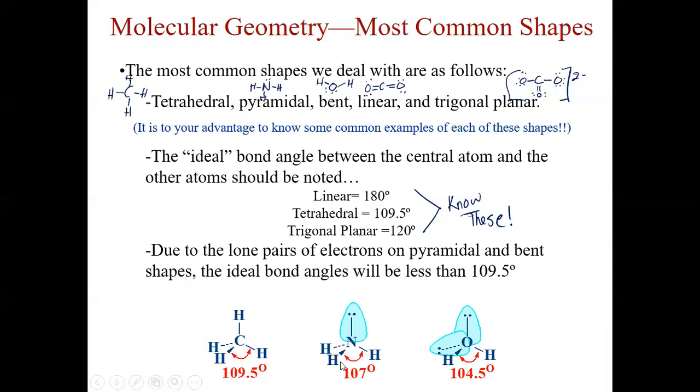That means that the bond angle is going to be less than 109.5. I have seen questions on the AP exam ask in a larger molecule why the bond angle wouldn't be one of these three, and it usually is related to the lone pairs taking up more room, and so it is less than what is expected.